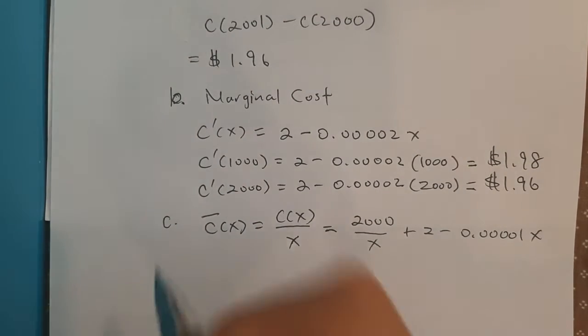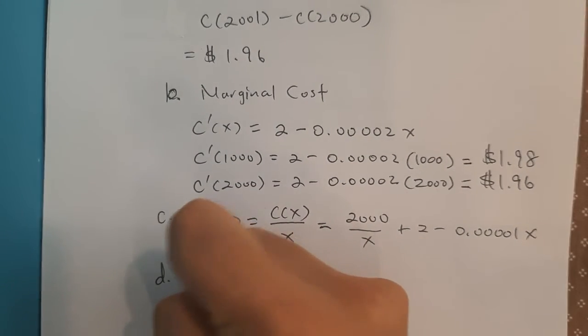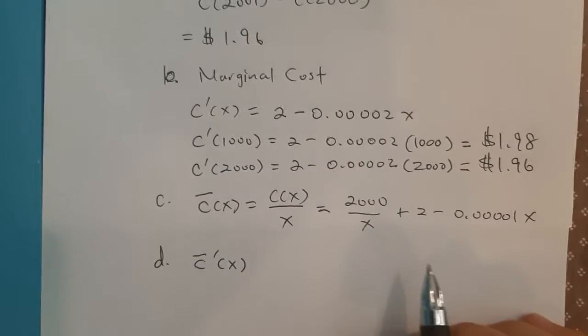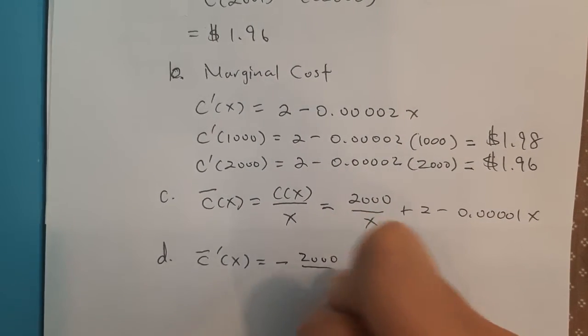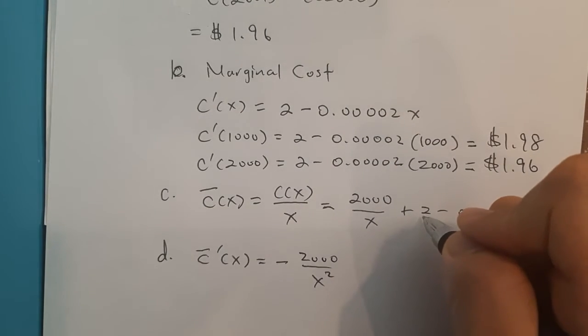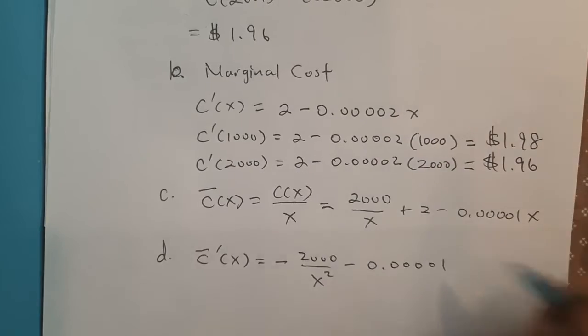And then letter D is to find the marginal average cost function. So we take C bar, get the derivative. That's going to end up being -2,000/x^2. Derivative of 2 is 0, and then we have minus 0.00001.